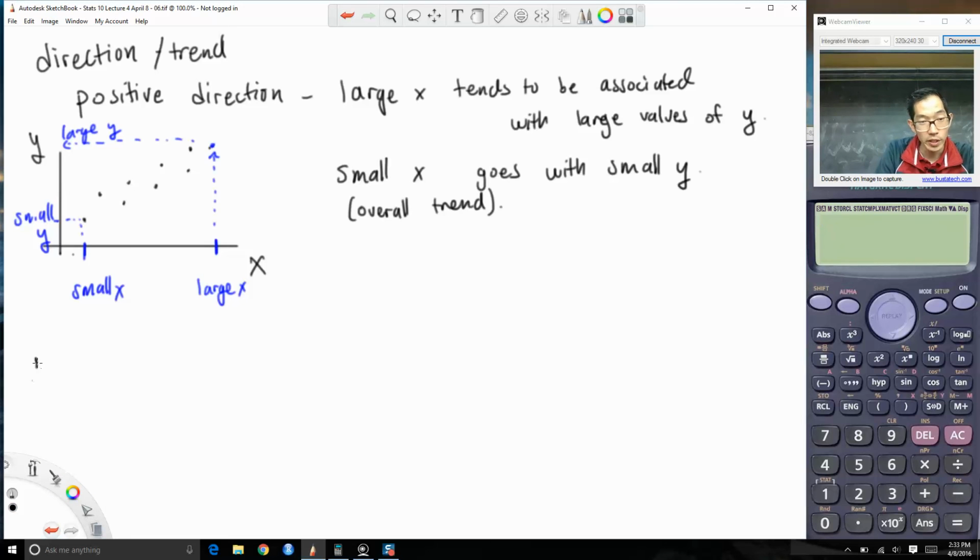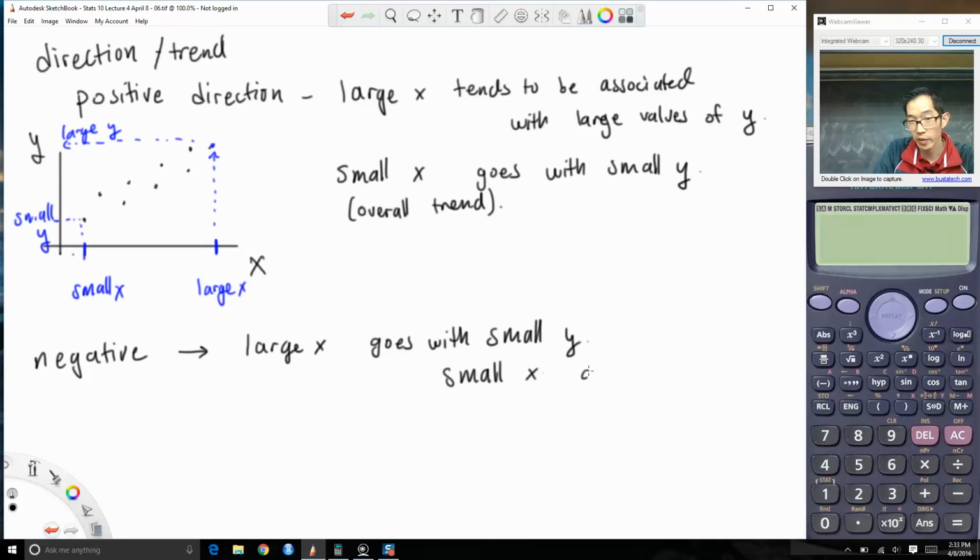For the negative, it's just the opposite, okay? Large X goes with small y, and small x goes with large y. All right?